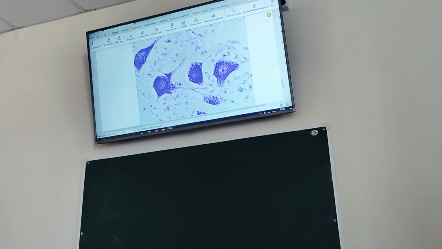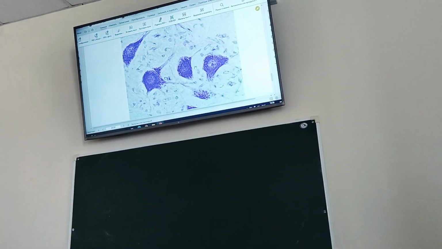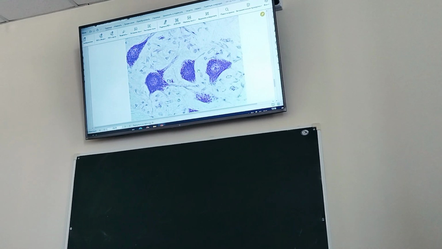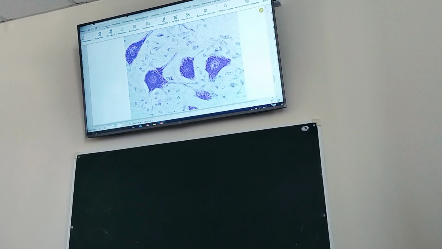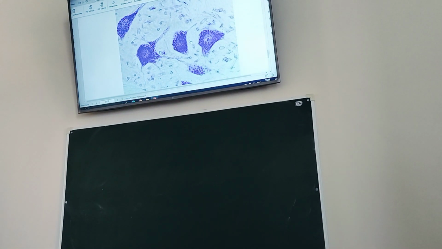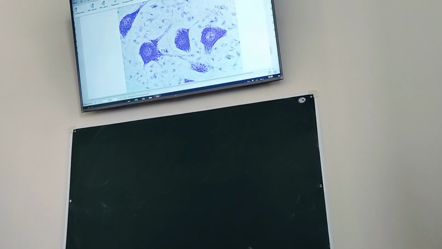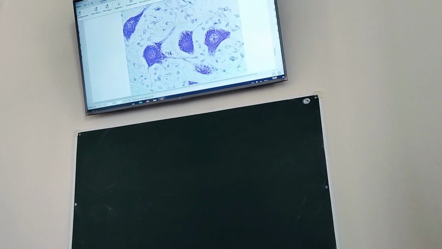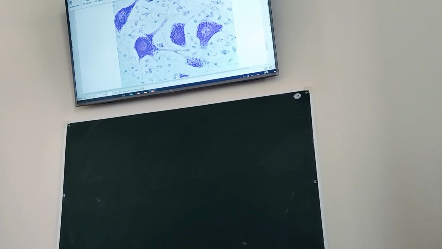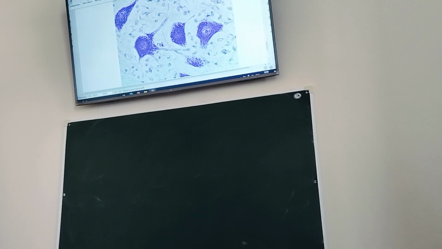You may also say Nissl stain shows blue color. This is toluidine blue. This stain is basic. What is Nissl stain used for? Not for axons, but for cell bodies and dendrites, which contain rough endoplasmic reticulum.